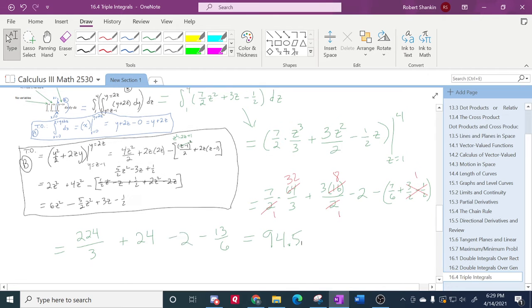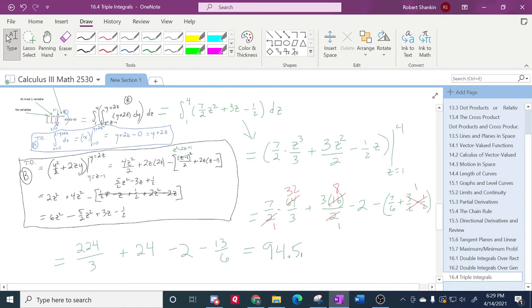So, I got an answer for this triple integral, 94.5. But what is it?